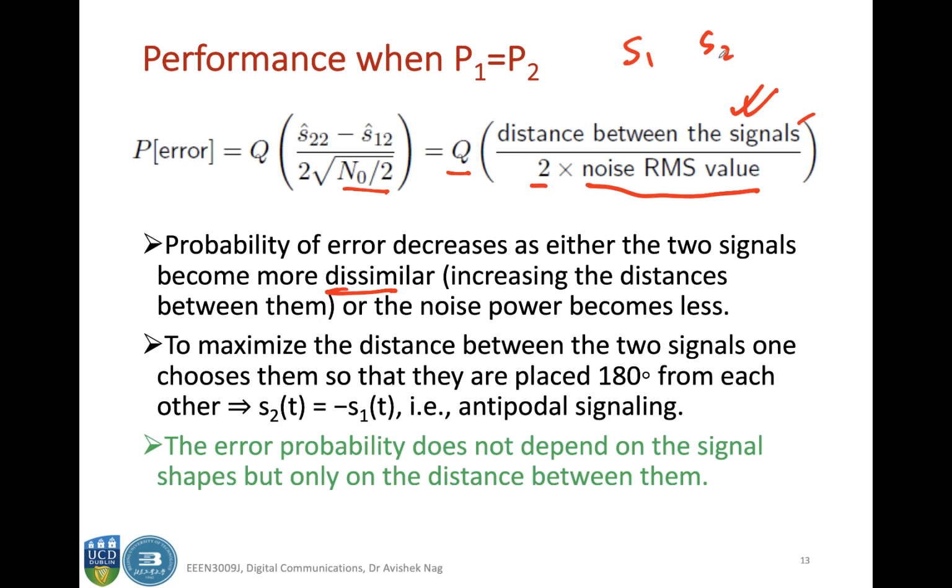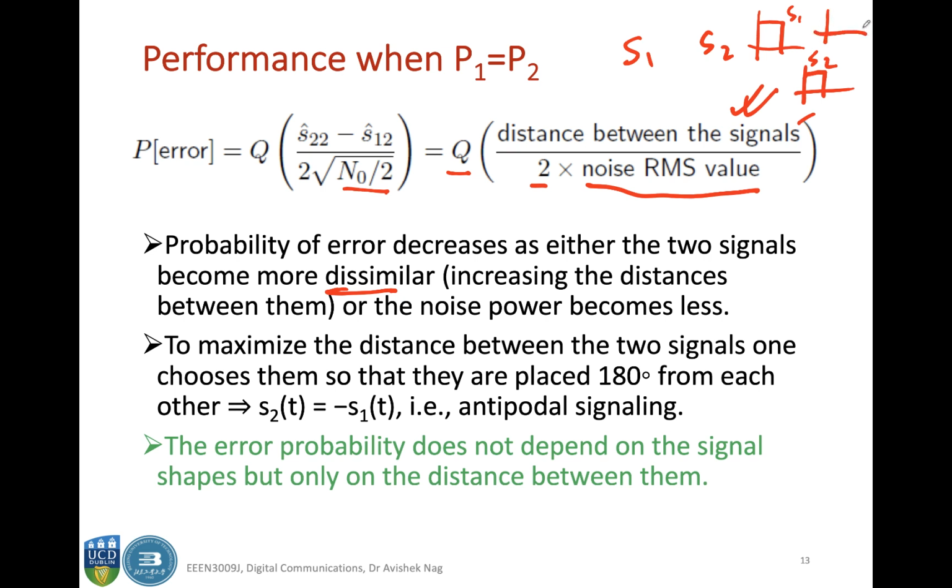So the distance between the two signals will be low if the two signals look very close. For example, if my S1 looks like this and my S2 also looks like this, then S1 minus S2, or the distance between these two signals, is 0.